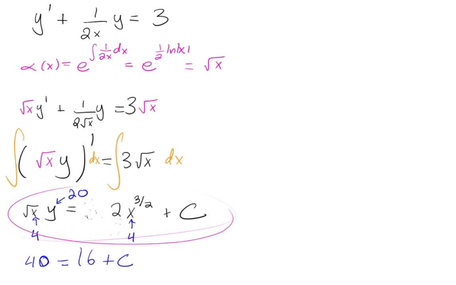One other thing, why didn't we divide the c in this one by root x? We did. Okay. What we did is that we could have divided by root x here. But instead, before we did that, we plugged in the conditions that we were given so that we could find what c is and then divide by root x later.